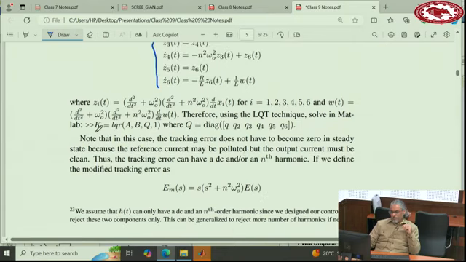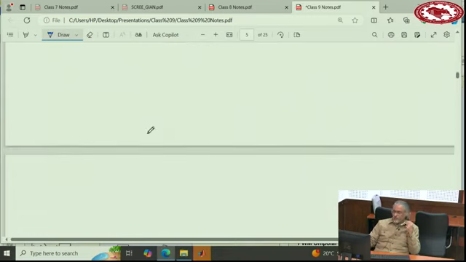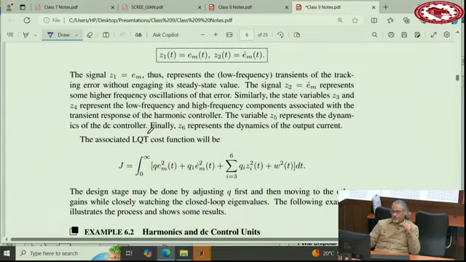And then we apply LQR. Okay, to apply the LQR, the cost function is what? The cost function is Q1, Q2 into error and error dot, the derivative of the error.